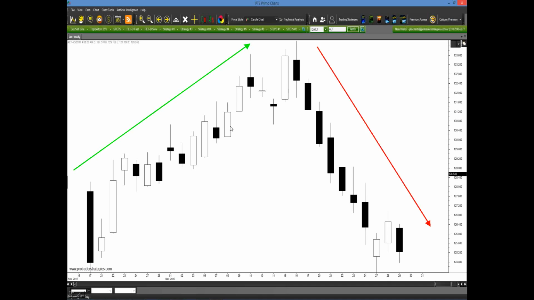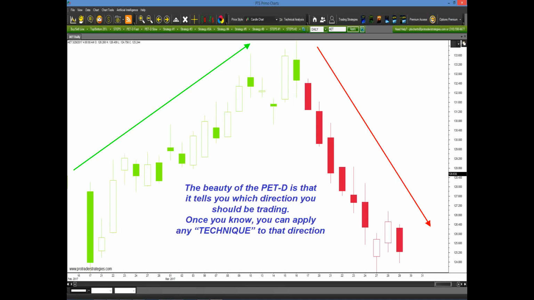What if there were a tool that could tell you a little bit earlier than most trending tools when a trend was to take place, and not pick the top, but give you an early warning as to when it was over? Well, there is. It's the Pet D. All you have to do is apply the Pet D and the colors automatically change. And you can see that you would have known well in advance because you had consecutive green bars that we were going up. And well in advance of the large drop, you had consecutive red bars that we were changing, going down.